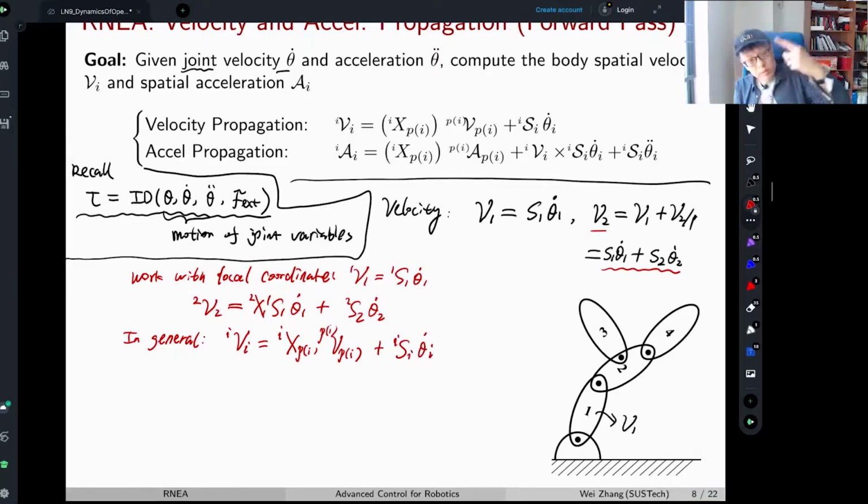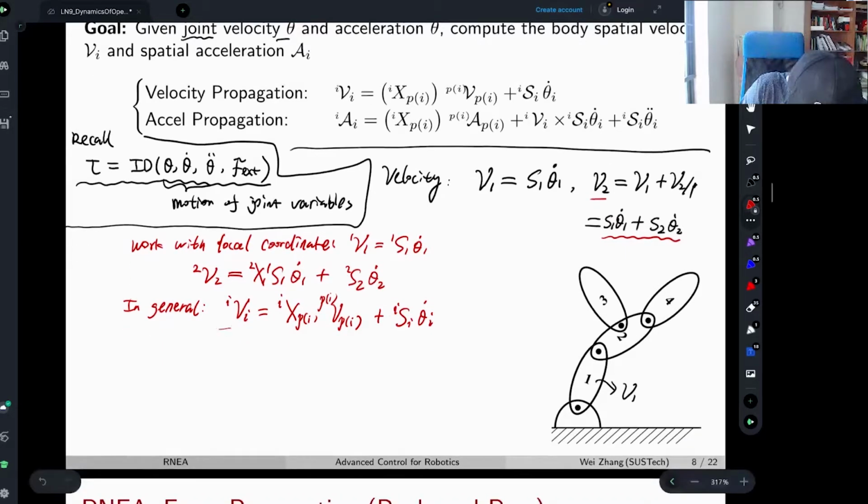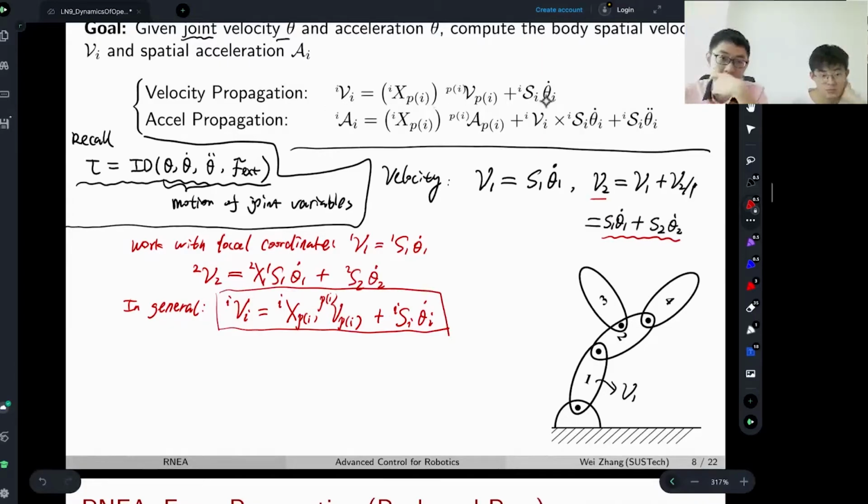So the algorithm just proceeds recursively. At some time you got vi; next time you find v i plus 1, and you just do a change of coordinates to get the previous link's velocity and then plus the relative velocity of the current link with respect to the previous link. So that's our formula. I think that's what I summarized here.